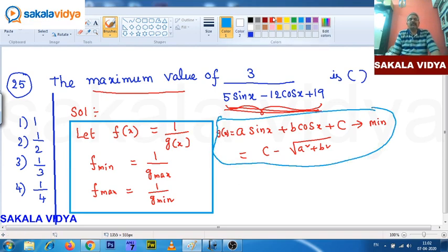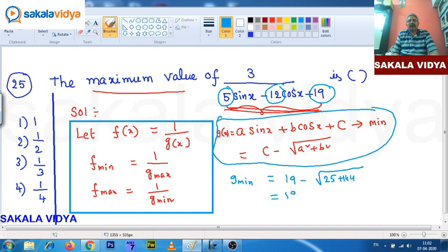So, first let us find the minimum value of g of x, g minimum. G minimum is equal to c, which stands for 19, minus root of a square plus b square, where a stands for 5, b stands for minus 12 or 12. So, 5 square is 25, minus 12 square is 144.